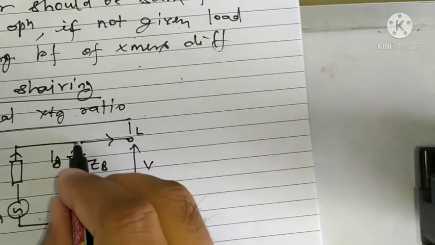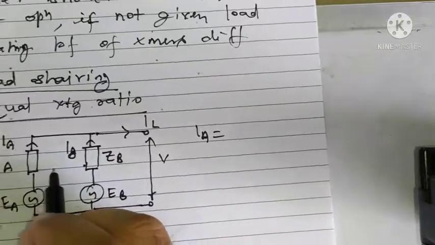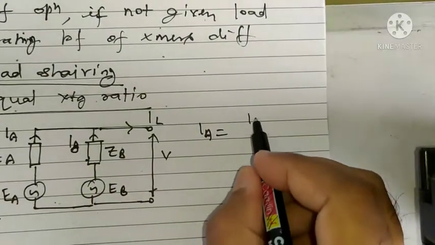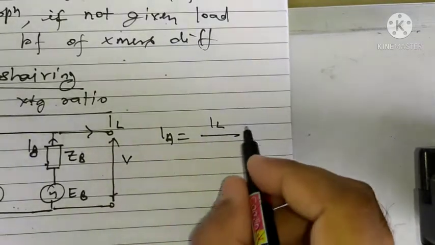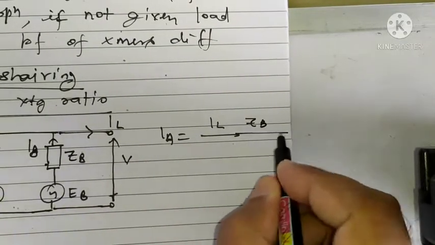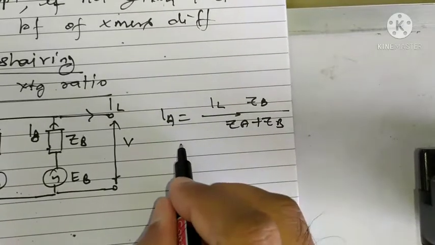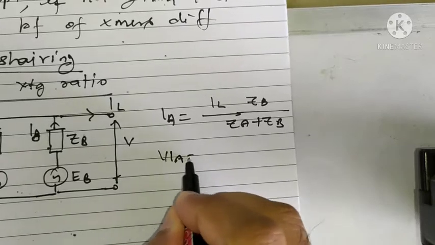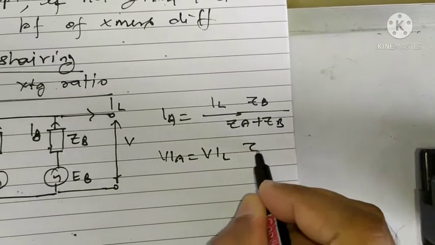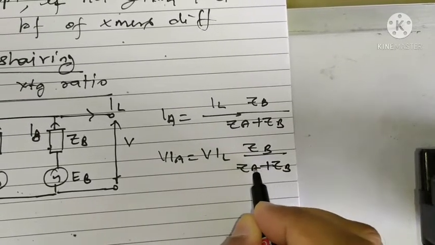The current from transformer B is IB and the current from transformer A is IA. By current division I can write IA equal to IL into the opposite impedance ZB by the total impedance ZA plus ZB. If I multiply both sides by V, it will be V into IA equal to V into IL ZB by ZA plus ZB.